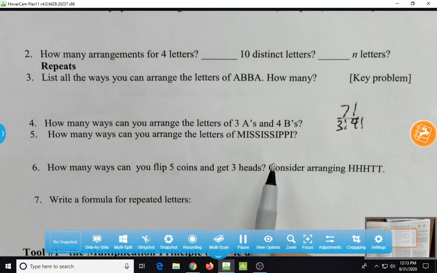Go ahead and figure out what's the probability for arranging the letters in Mississippi. M-I-S-S-I-S-S-I-P-P-I. You have to do a little counting there.